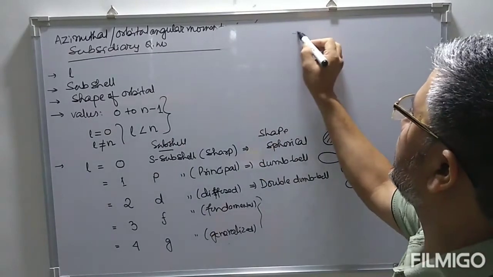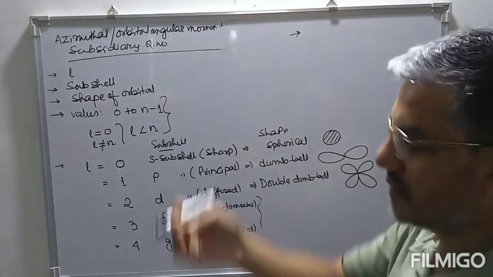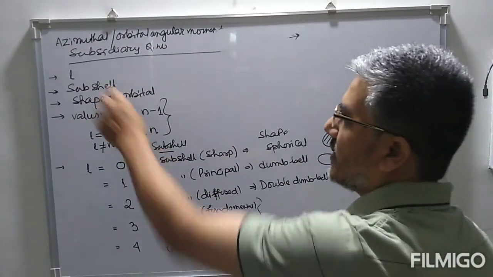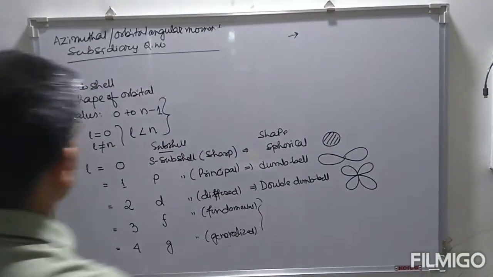And this L also represents, once we know the value of L, we can also define the total number of orbitals.